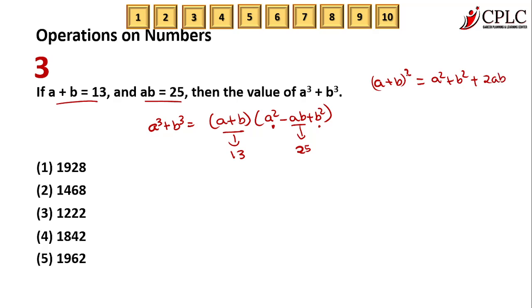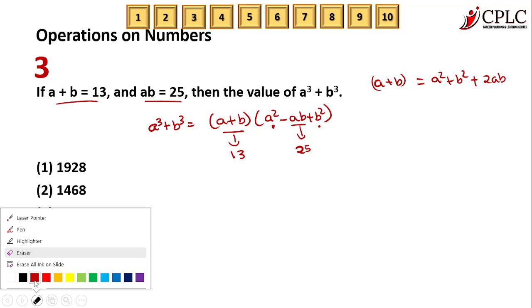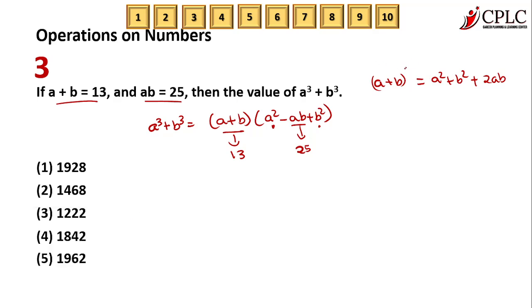So from here, what we can do is rearrange this formula and get the value of a square plus b square. How do we do that? We simply have to take this plus 2ab to the other side.